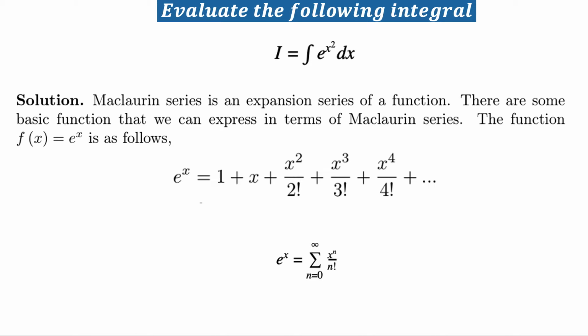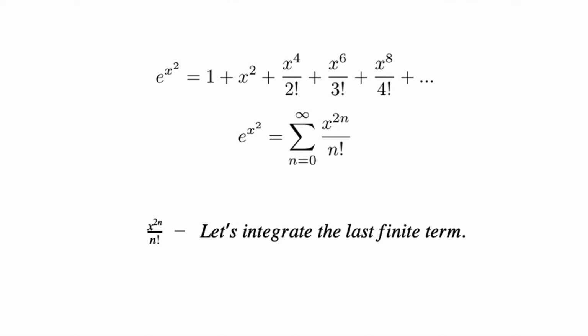So for e^(x squared), when we substitute x squared everywhere instead of x, we get this series. And we already know that the general term that can generate all these terms is x to the power of 2n over n factorial.